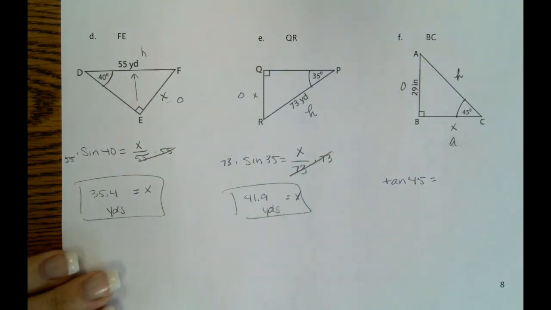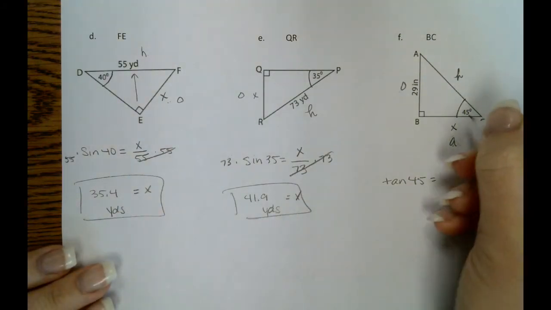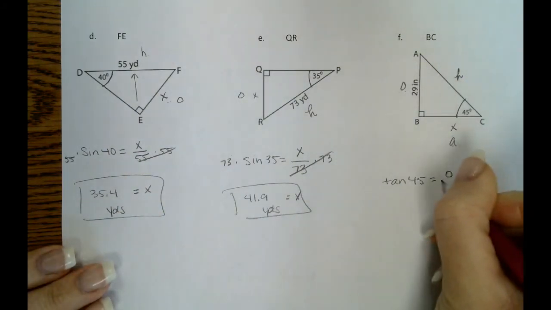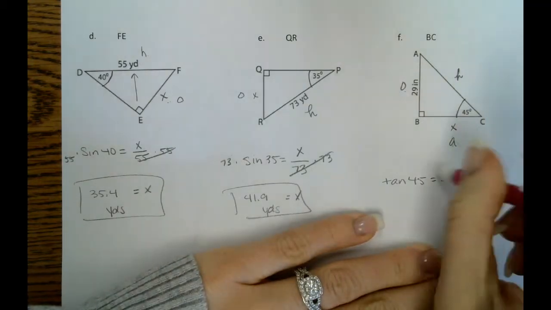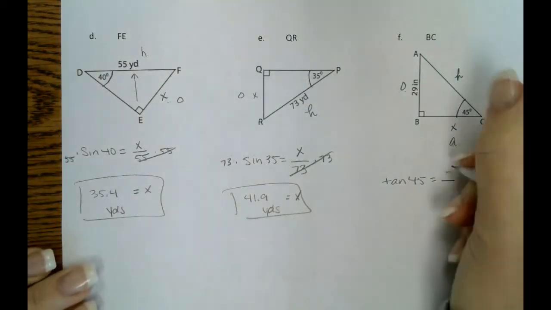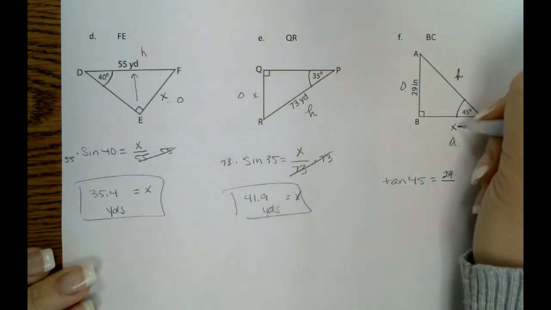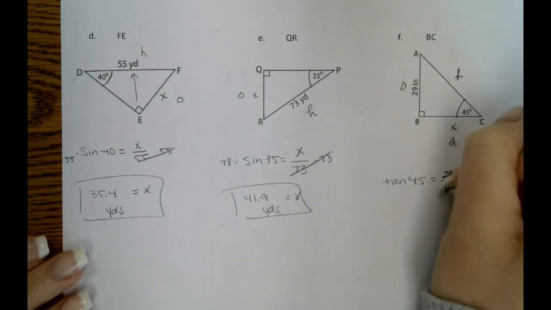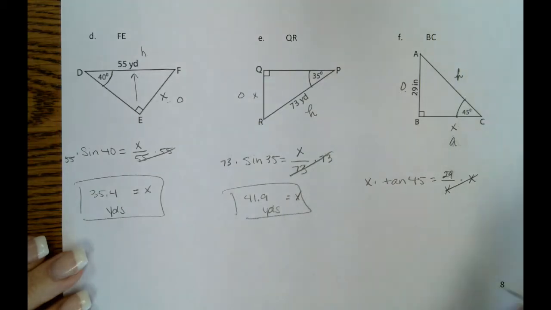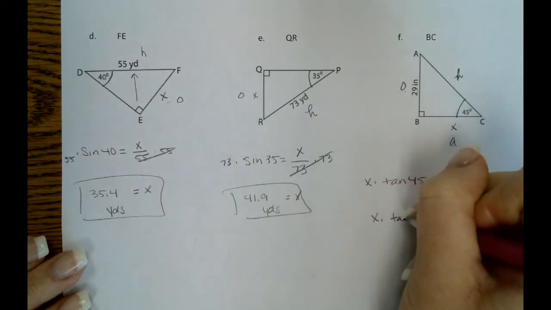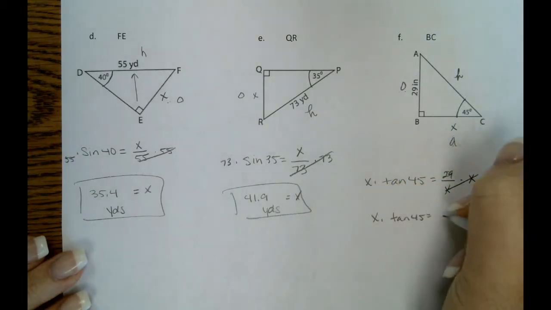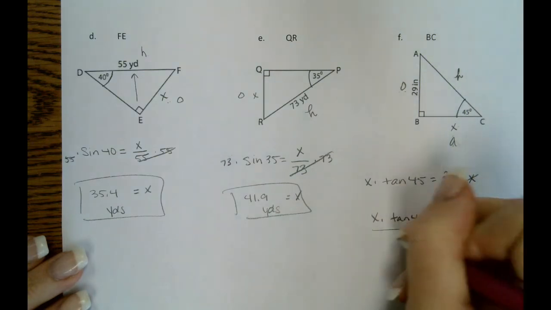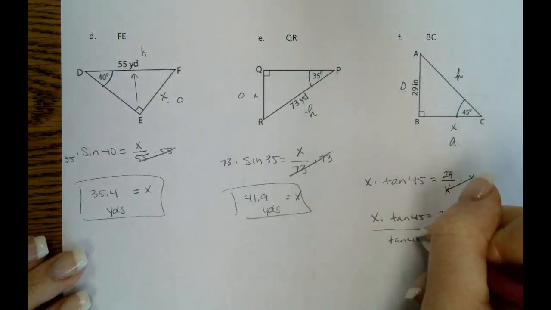So doing tangent of 45 equals opposite. Oops. Instead of opposite, we're going to write 29 because that's the actual measurement. And then over here is X. Multiply both sides by X. And then divide by your tangent of 45.